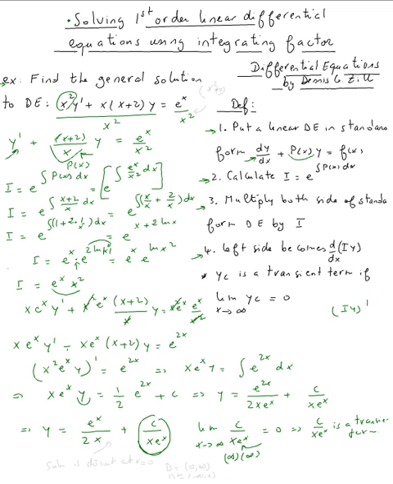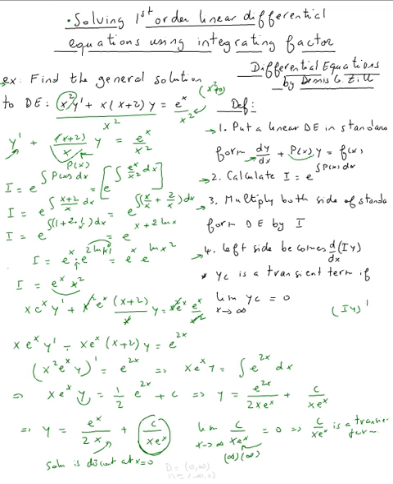Why? See, when we divide here by x squared, we're assuming x squared is not equal to 0. You can't divide by 0. And usually when that happens, the solution might be discontinuous at that singular point, and you can see the solution here is discontinuous at x equals 0.